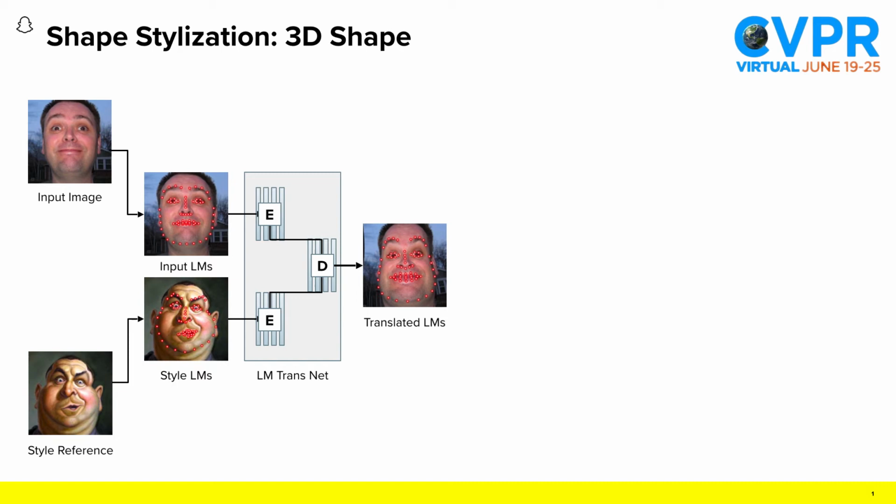In this landmark translation network, we ask the network to separate shape, style, and the facial structure to only encode the style of the reference, so that the translated key points combine the identity from the target with the geometric style from the style reference.